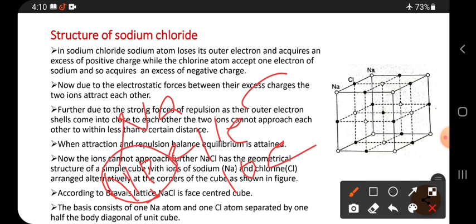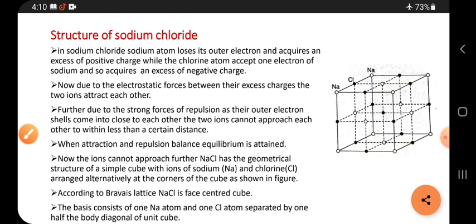So 11 protons, 10 electrons. One proton is in excess. Proton is a positive charge, so that is how we show it with 1 plus.